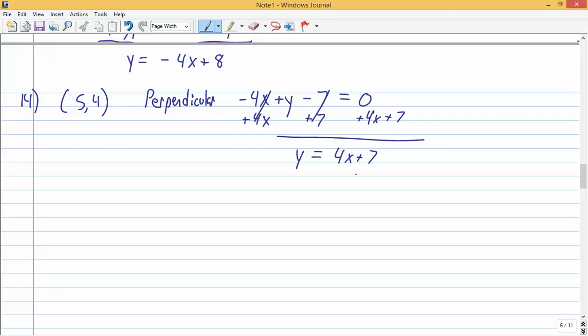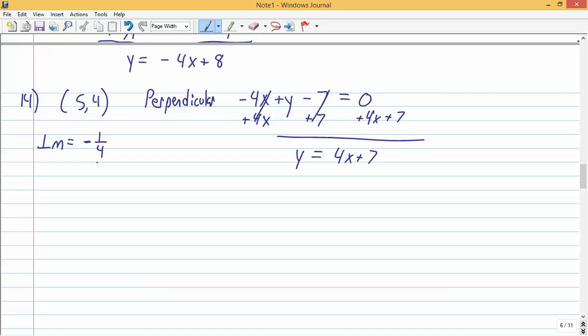So this is my given line. My new line that I want to write the equation of will be perpendicular to this given line. This given line has a slope of 4. So my perpendicular slope is going to be the opposite reciprocal. Since this is positive, opposite means it will be negative. This is 4. The reciprocal of 4 over 1 is 1 over 4.